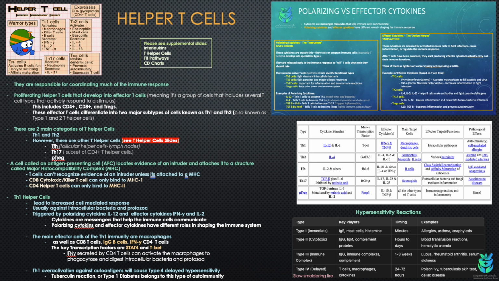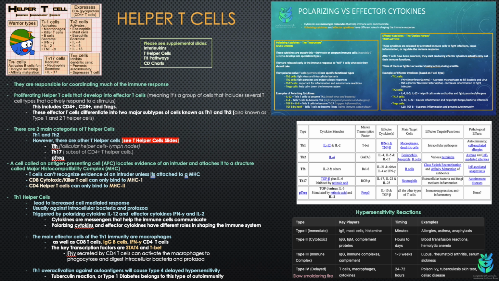T helper cells or class 1 helper cells lead to an increased cell-mediated response. They're usually against intracellular bacteria and protozoa. They are triggered by polarizing cytokines interleukin 12 and effector cytokines interferon gamma and interleukin 2. Cytokines are messengers that help the immune cells communicate.